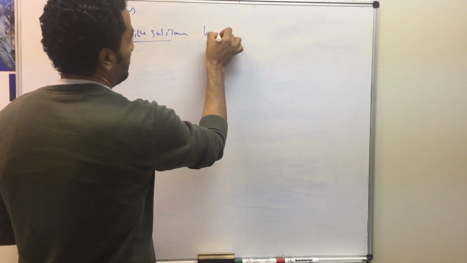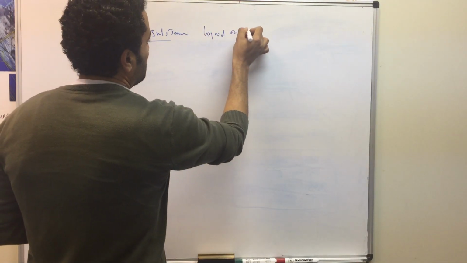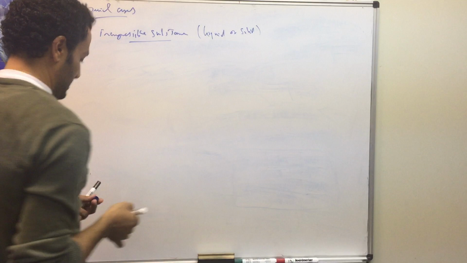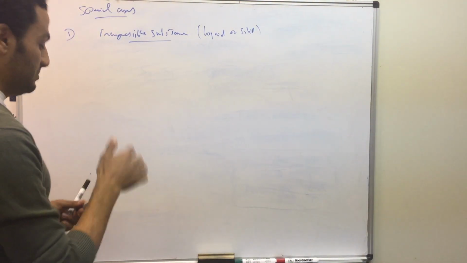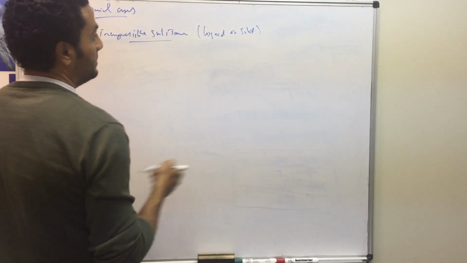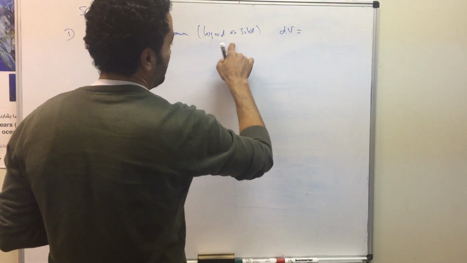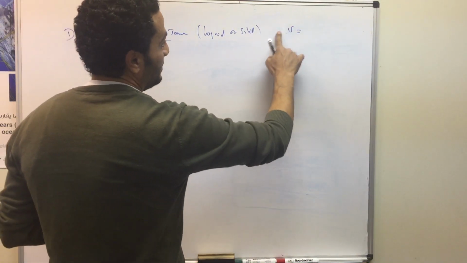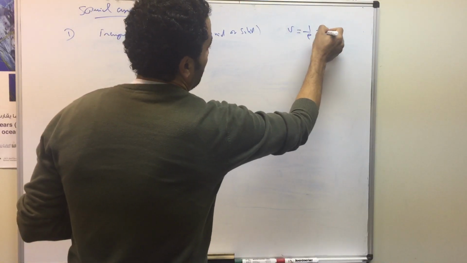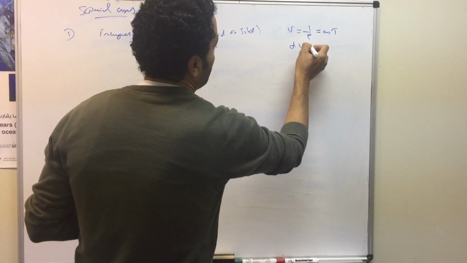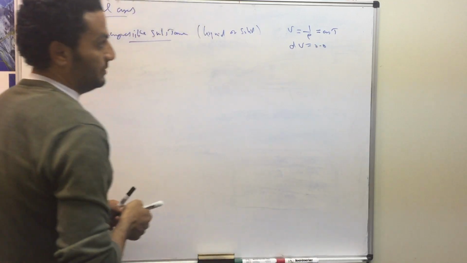So let's say liquid or solid, or in some cases gases under certain conditions, but most probably it's liquid or solid. So in this case we do have delta V. This means the specific volume v, which is 1 over density, is constant. So the change of volume, delta V, is 0.